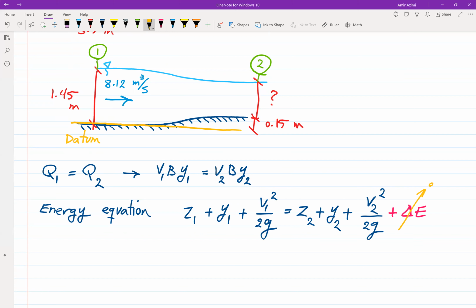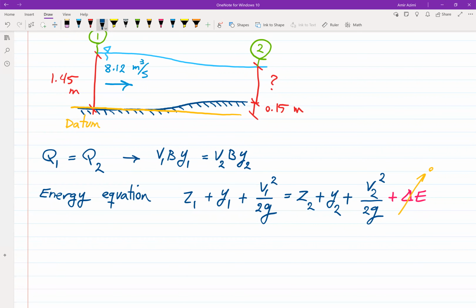Okay, now I can use continuity equation and replace with the discharge. So replace velocity with discharge in the energy equation.